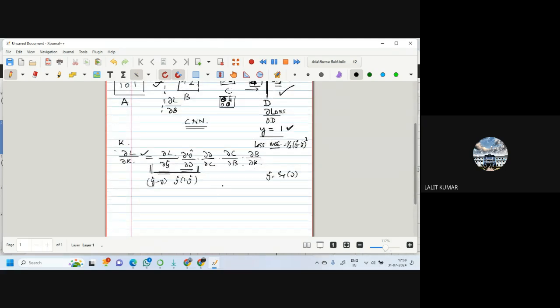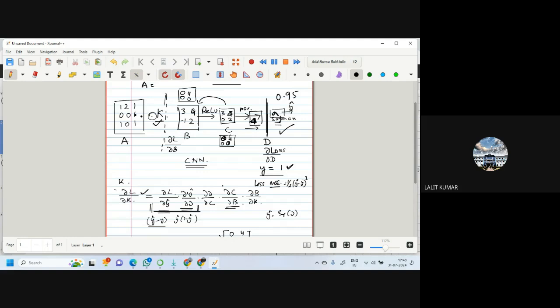So what we have achieved, these numbers we can write. Y hat is 0.95 minus 1, 0.95, 1 minus 0.95, and here we have reached 0, 0, and 0.04, 0.